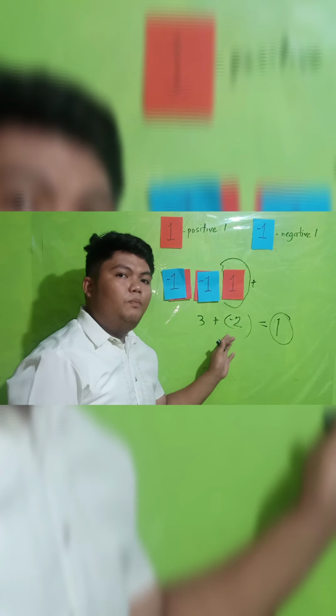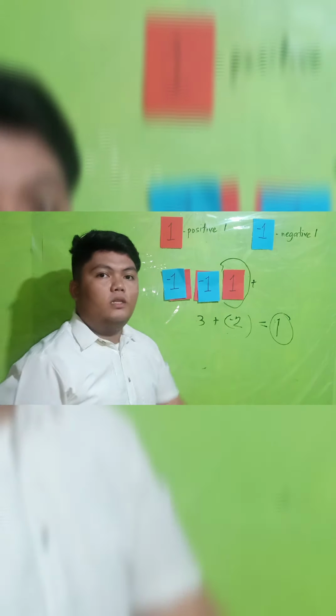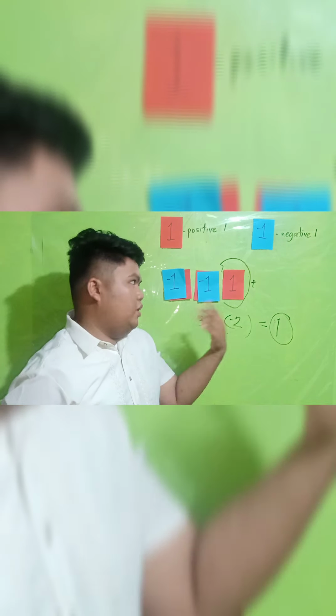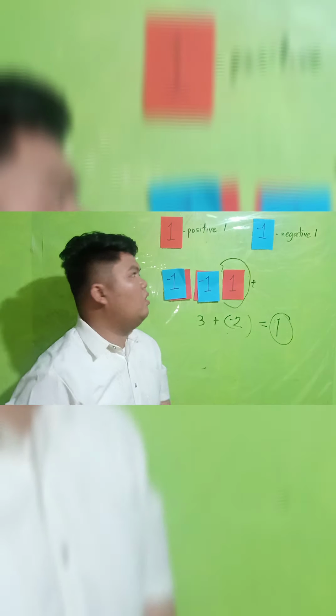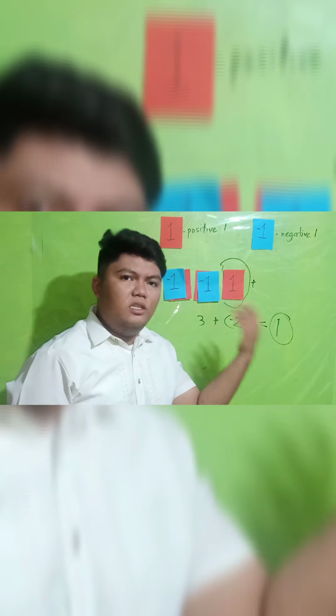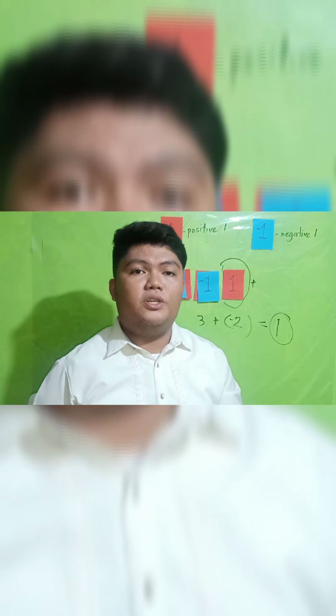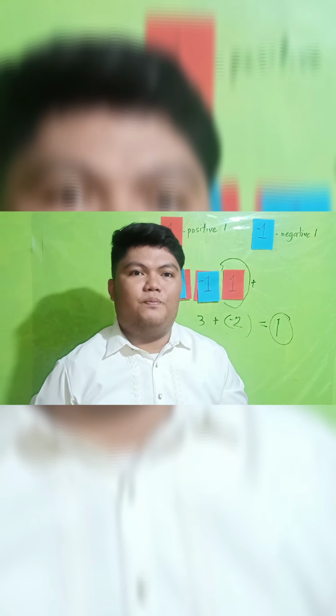So positive 3 plus negative 2 is equal to 1. So either using a number line or using algebra tiles, the answers are still the same. Okay?